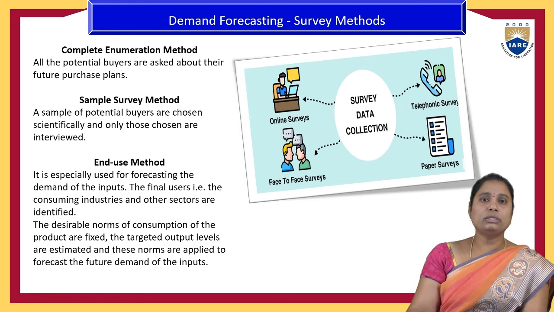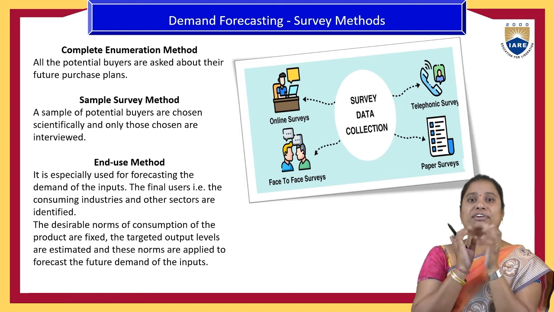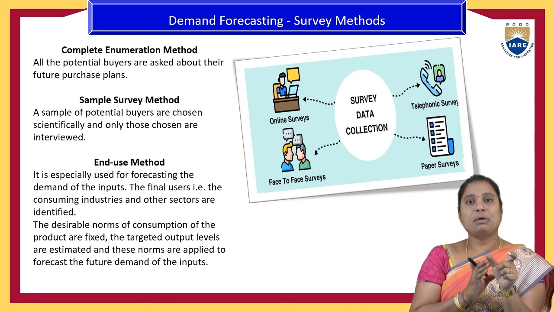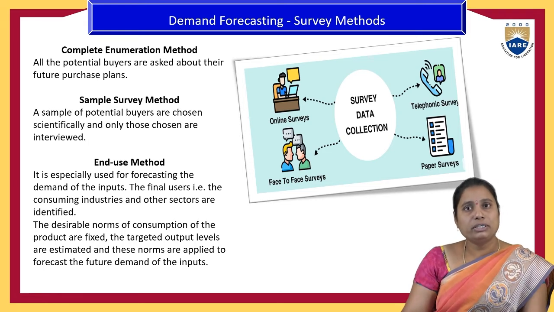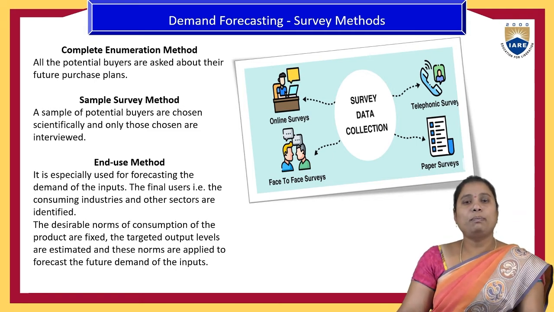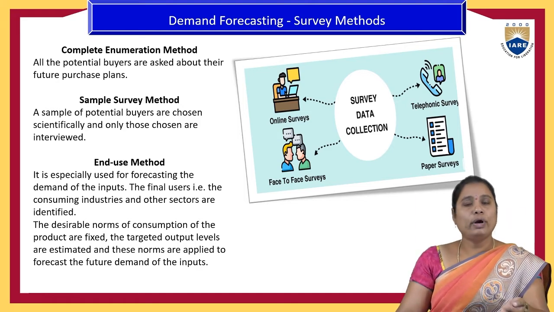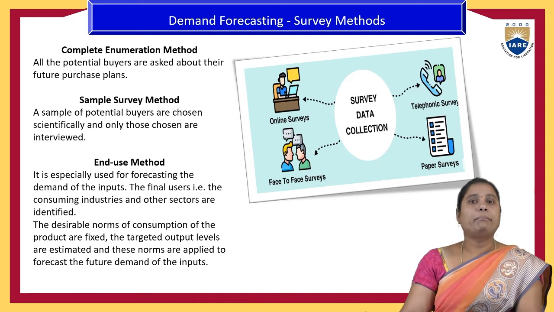But in all of these, if they target a small group of the population and apply the opinion of this small group to the entire population, then that method is called the sample survey method. The sample survey method is more suggestible whenever the population size is high. If the population size is low, it is better to go for the complete enumeration method.